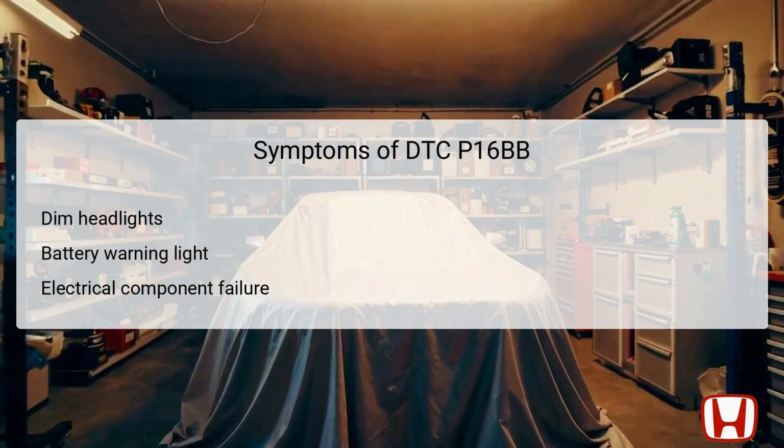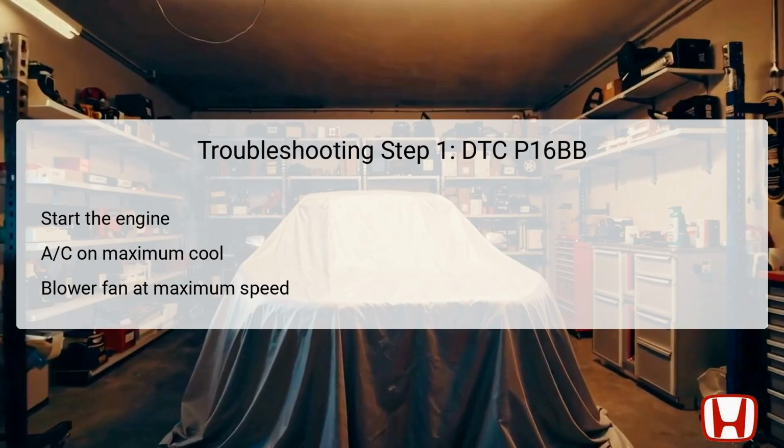The first troubleshooting step for resolving DTC P16BB-00 involves starting the engine to establish operational conditions. Once the engine is running, it's crucial to activate the air conditioning, AC, and set the temperature control to maximum cool. This draws power and reflects the load conditions on the electrical system, allowing for more accurate voltage measurements.